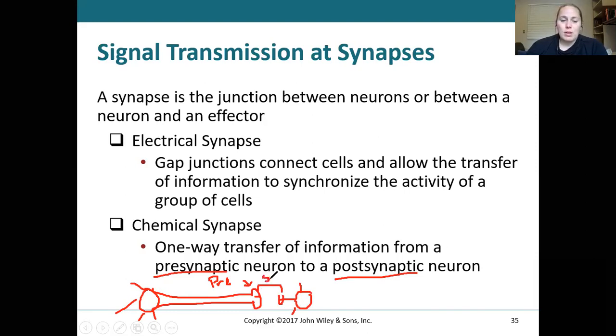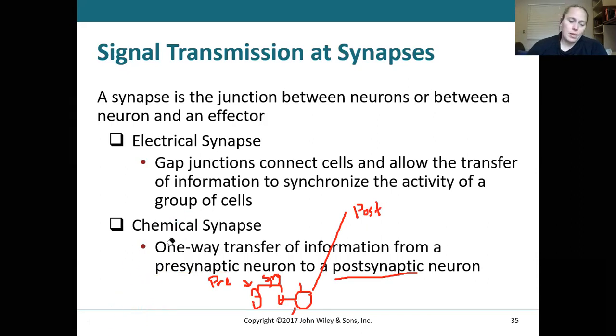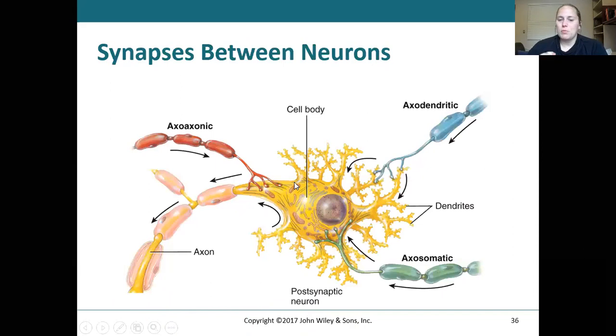So that's the presynaptic neuron. We'll call this the synapse because it is. And then this cell that is receiving the information is called the postsynaptic neuron. So the presynaptic neuron sends the signal, it travels across the synapse, and the postsynaptic neuron receives the signal. Again, the figures here are probably a little bit better than what I was just drawing.